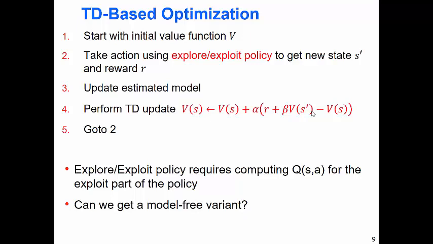So the problem here is that we have to have the model, and we don't want that. When we generalize this to function approximation, where we're not going to have a table for the value function, it's going to be much harder to, for example, train a neural network to learn a value function and then use it to make decisions, because you're still going to have that transition model.